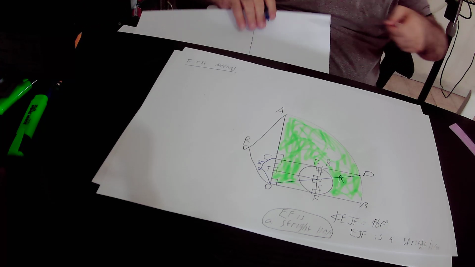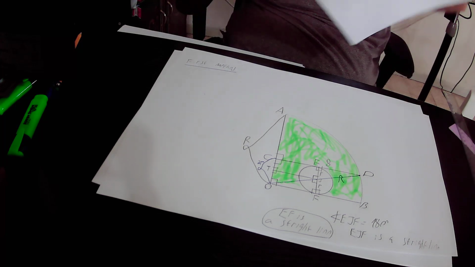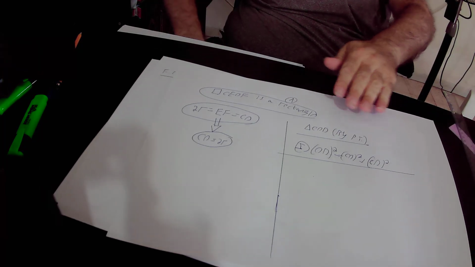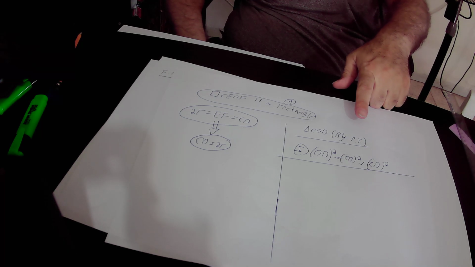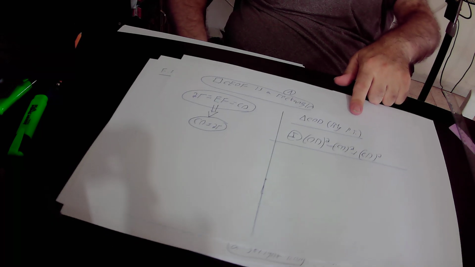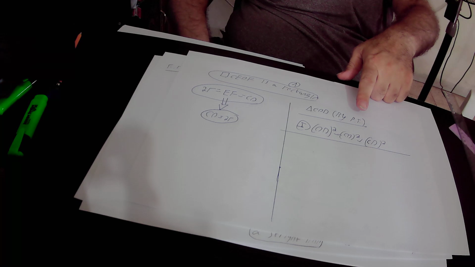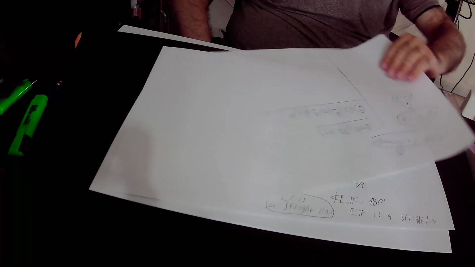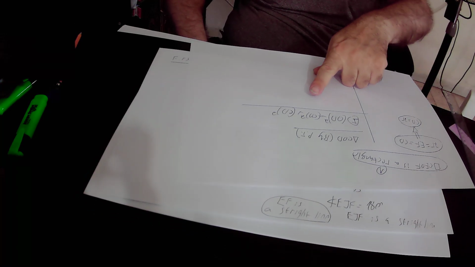Repeat again: in the right green triangle COD, according to the Pythagoras theorem, OD square equals CO square plus CD square.